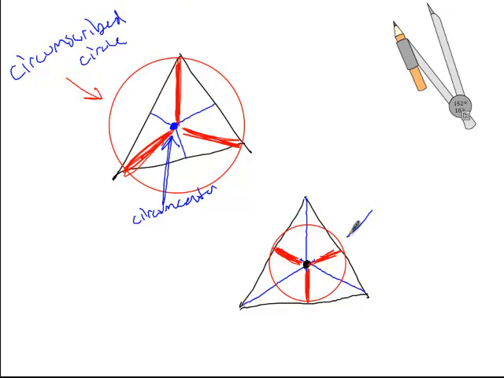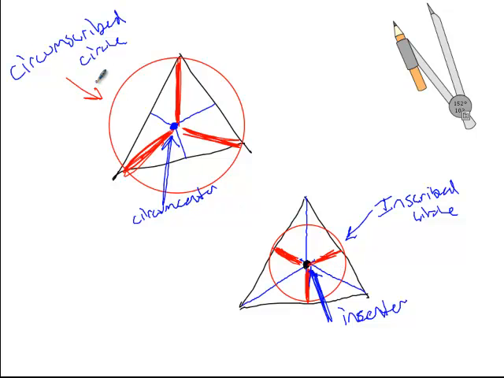This type of circle, because it's inside the triangle, is called an inscribed circle. And this point, the center, is called the incenter. The incenter.